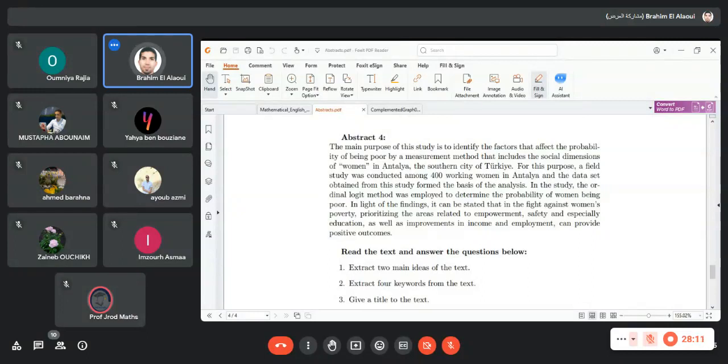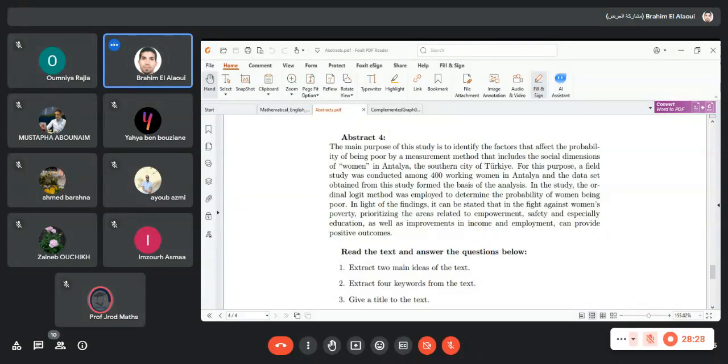It will be better if you specify the place, so I can add Antalya, Turkey. Okay. Good.